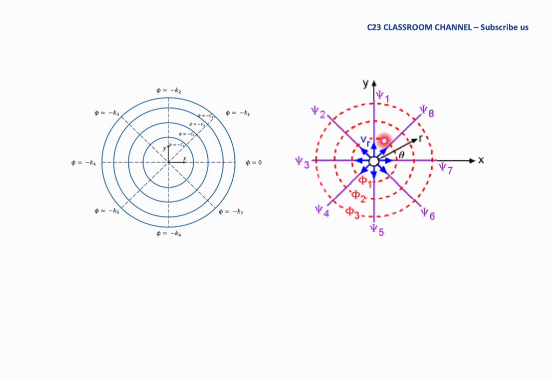Then the circular line, the dotted line here, will reflect the phi, which is the velocity potential, an imaginary line to fulfill the drawing of this diagram.